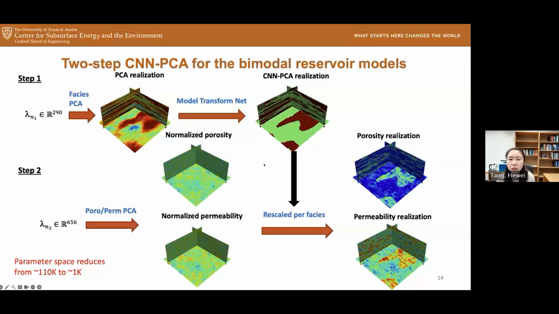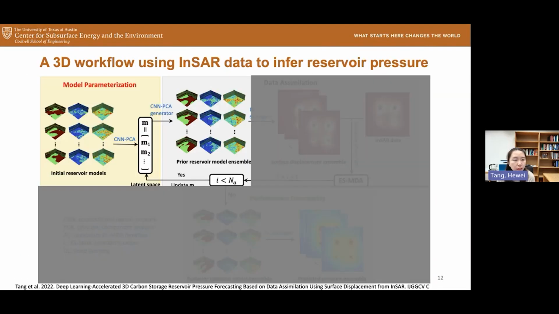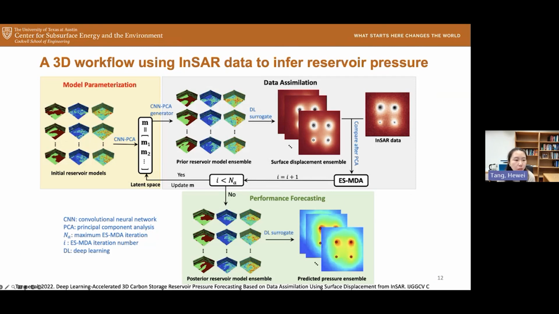And actually, in my workflow, let me share my screen again. So in my workflow, for the initial reservoir model population, I also use the traditional geostatistical approach to generate these initial reservoir model guesses.